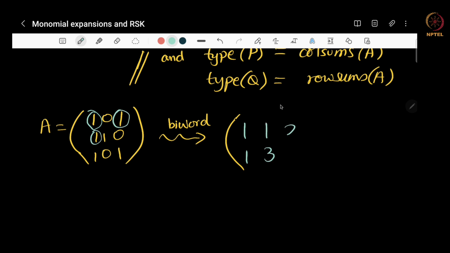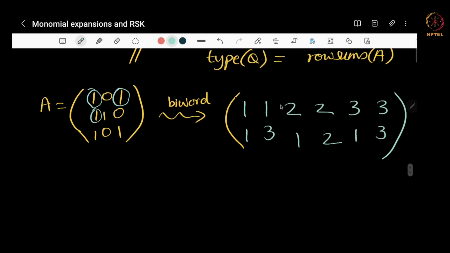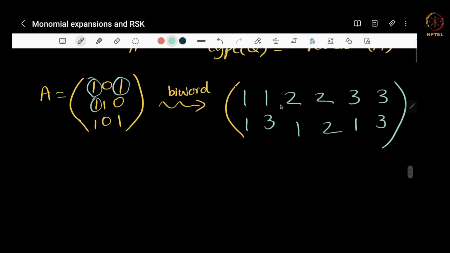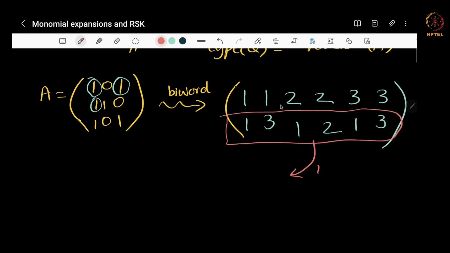Then second row, first entry, second row, second entry, third row, first entry, third row, third entry. So I essentially encode the set of locations in the matrix which have ones in them. Now, having done this, I look at the bottom row, and I perform dual insertion on it. I don't perform the normal insertion, I perform the dual insertion.